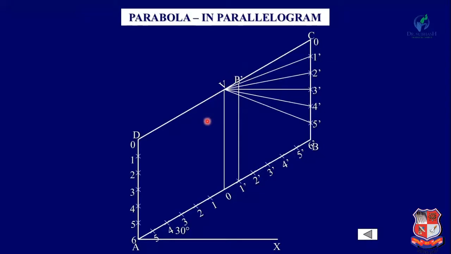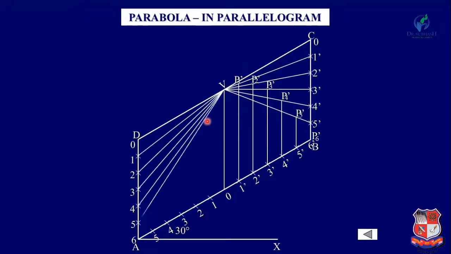Similarly you will get the other points P2 dash, P3 dash, P4 dash, P5 dash and P6 dash. Now repeat this whole process on the other side. Join V1, V2, V3, V4 and V5, draw vertical lines from 1 and get point P1, P2, P3, P4, P5 and P6.